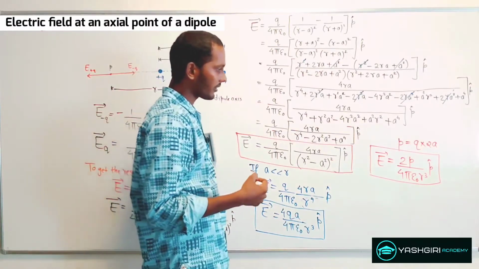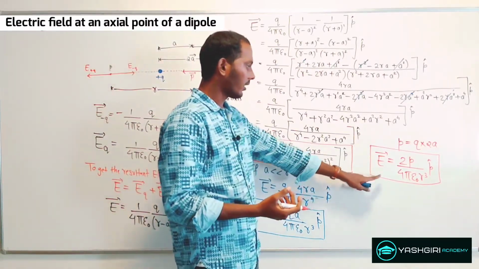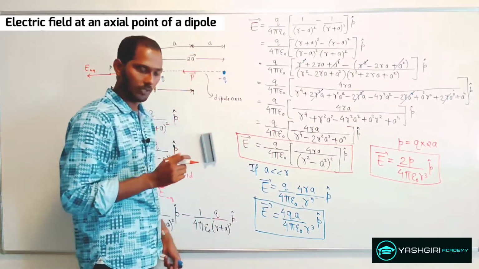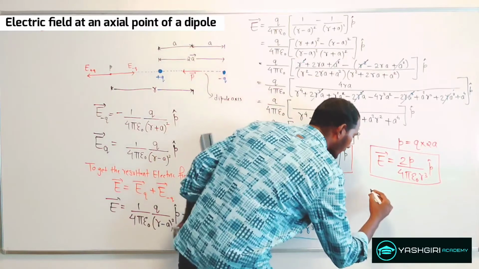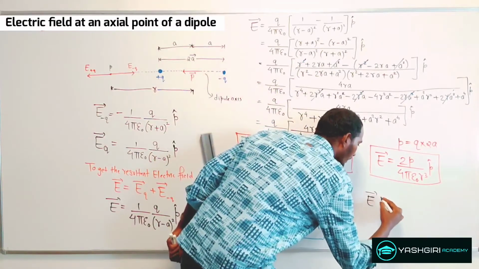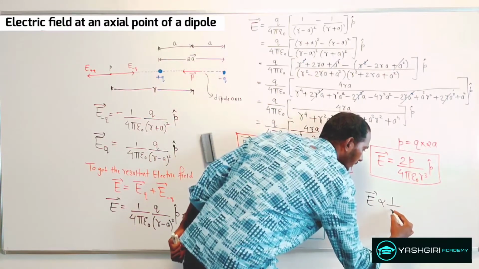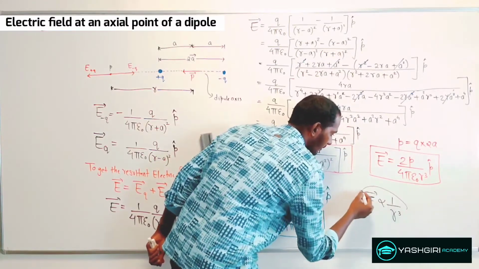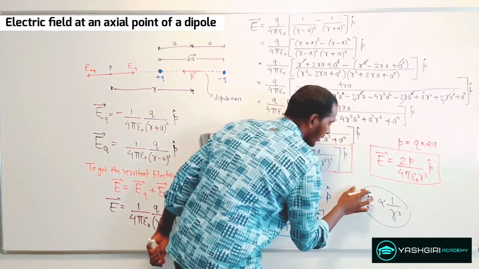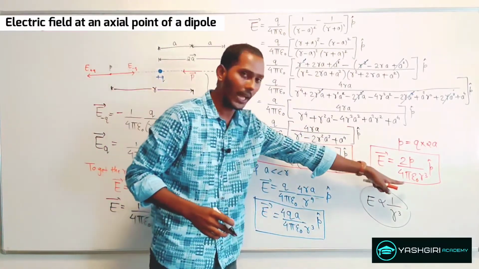One interesting thing to note is that for an electric dipole, the electric field, vector E, is inversely proportional to r cube. The magnitude of the electric field is 1 over r cube.